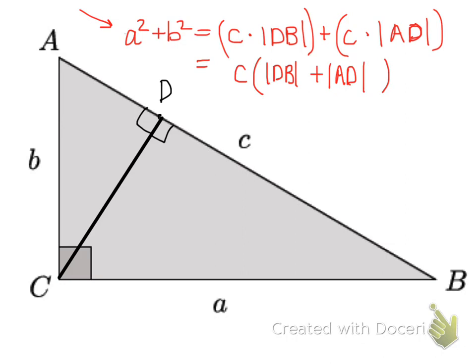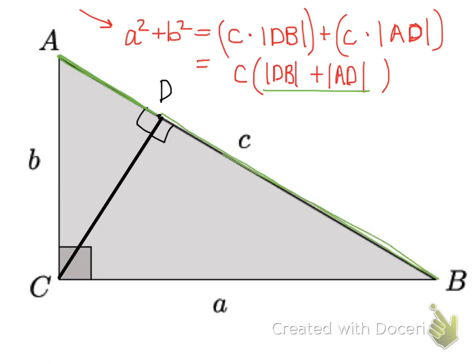All right, so now what we need to do is think about what this quantity right here is. What is DB plus AD? If you look back on this triangle that we started with, here is length AD, and here is length DB.